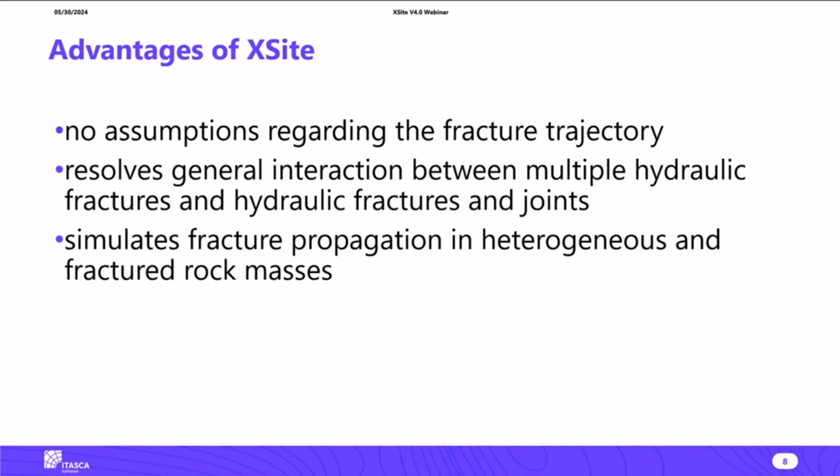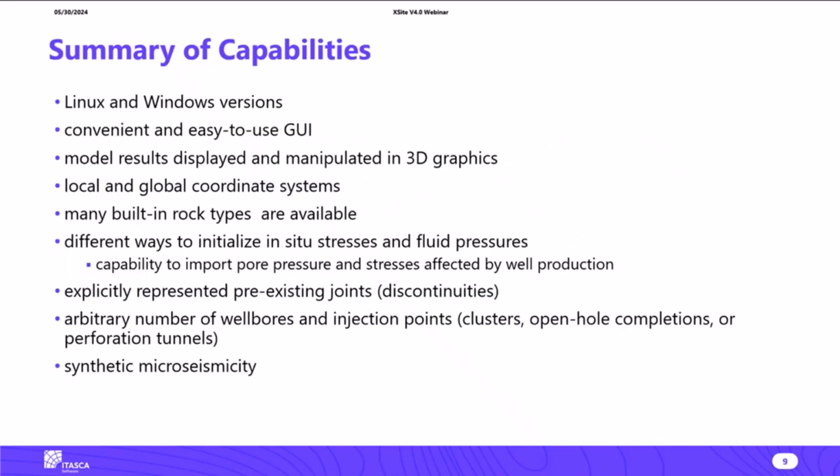So fractures can turn as dictated by the stresses and interaction between multiple hydraulic fractures and the existing joints. ExSite automatically resolves general interaction between multiple hydraulic fractures and between hydraulic fractures and the existing joints. And ExSite can simulate fracture propagation in heterogeneous and fractured rock masses.